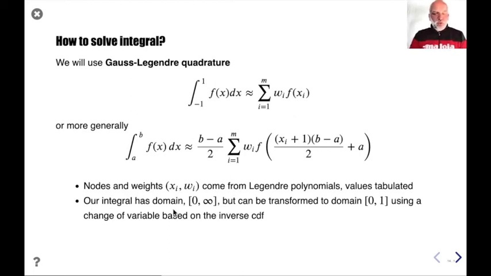Well, so we need to deal with this. We're almost there, right? We just need to rewrite this so that our function can be integrated over a domain limited between, say, a and b.